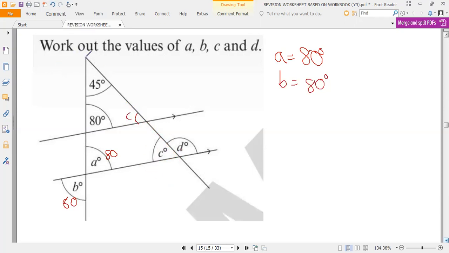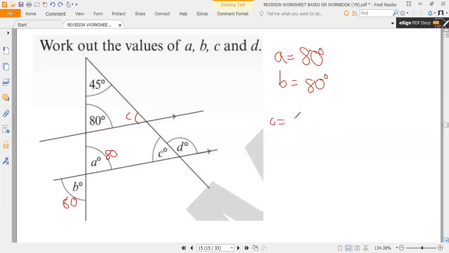All right. Now, this particular part is a triangle. We have learned before that the total angle inside a triangle is always 180. So what is the value of C exactly?